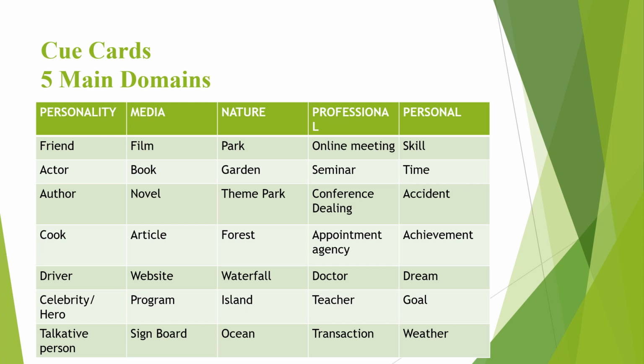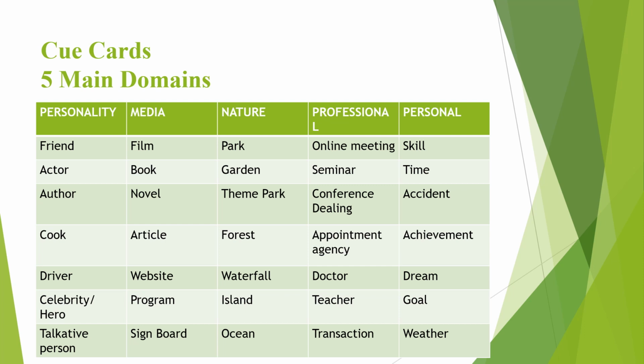And if they provide you a cue card related to nature, they can be asking you something related to a park, a garden, any theme park in your residential area, or any forest, a waterfall, an island, or an ocean. It can be any particular ocean, any specific one, or any general one.